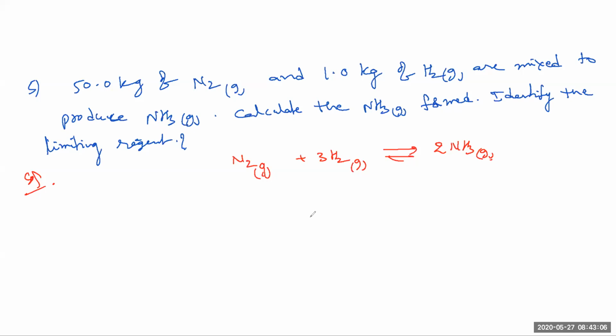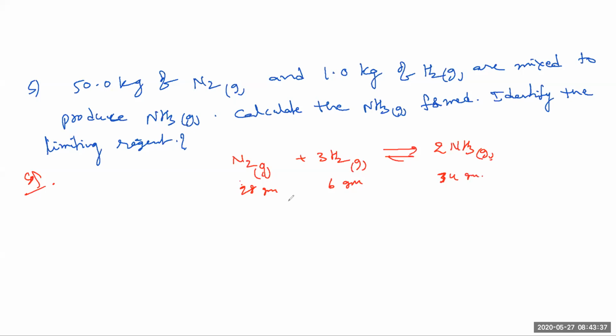So this is N2 plus 3H2 gives rise to 2NH3 according to the balanced equation. See now, what is N2? Molecular mass is 28 grams, right? Here 3 moles, 3 into hydrogen 2, 6 grams. Next here 2 into 17, that means 34 grams of ammonia. Clear now?